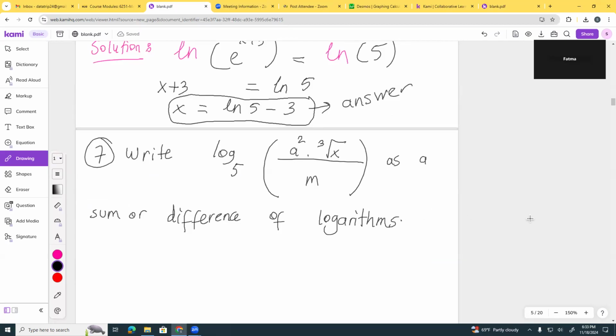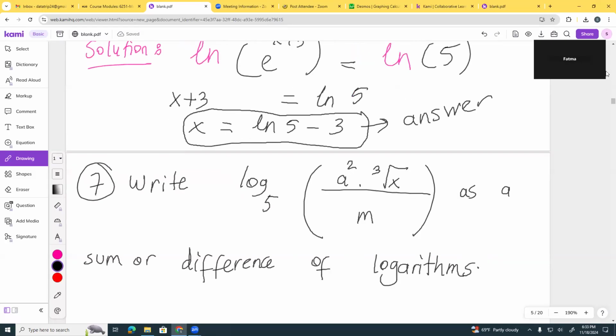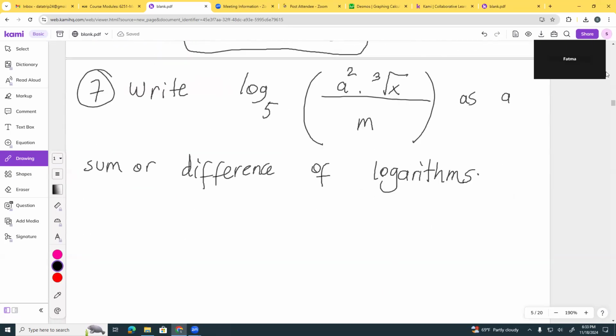So this is lesson 4.4. We talked about properties of logarithms in 4.4. So the question is, if we have log base 5, and the top is a squared times cube root of x, and the bottom is m, we're going to change this to a sum or difference of logarithms.